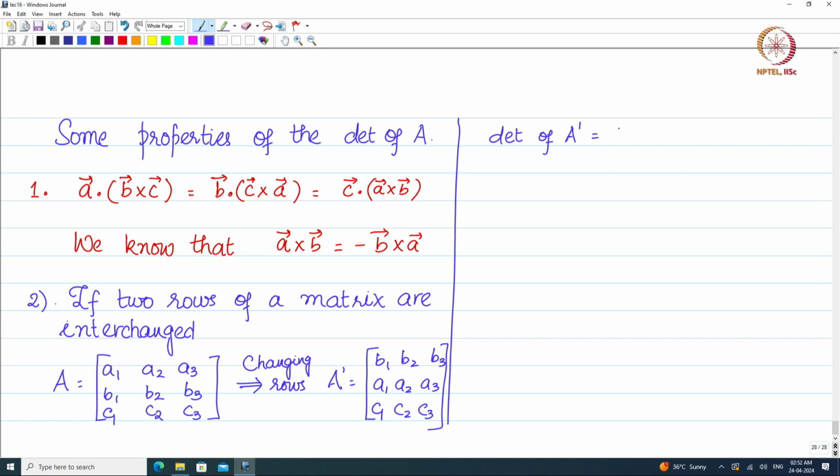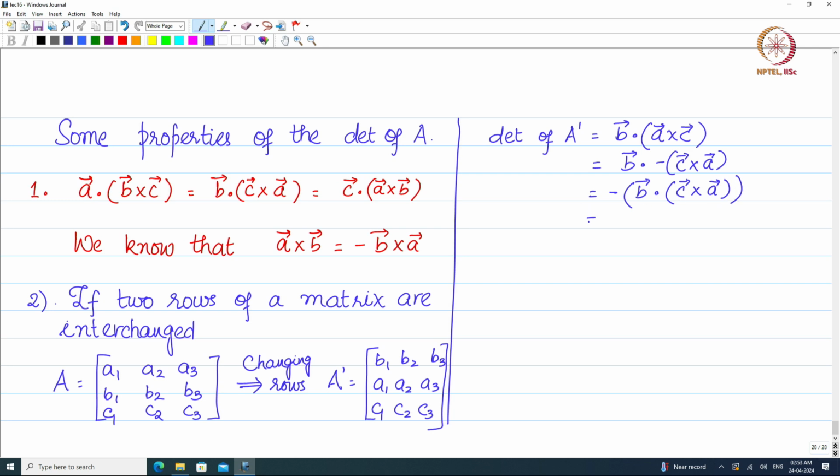It is B dot A cross C, which is nothing but B dot, there is a minus sign that comes out, minus of C cross A, which is nothing but minus of B dot C cross A. And what is B dot C cross A?